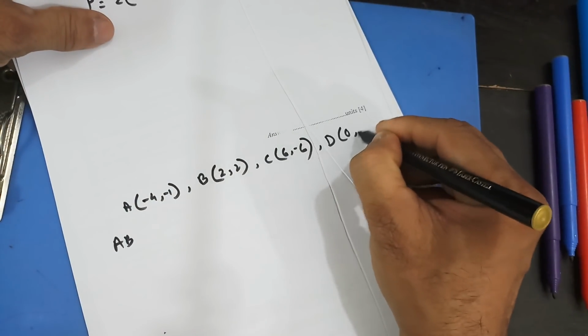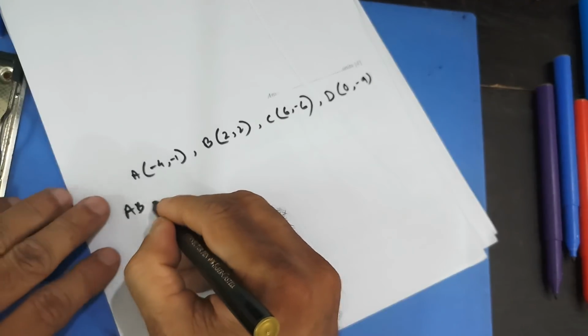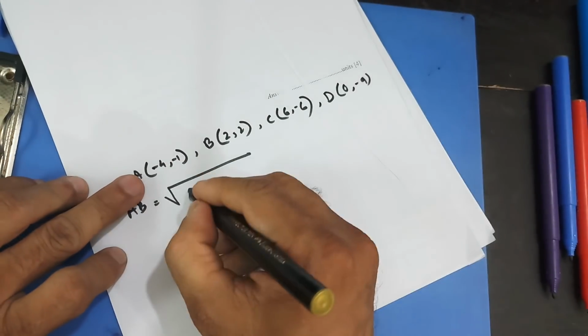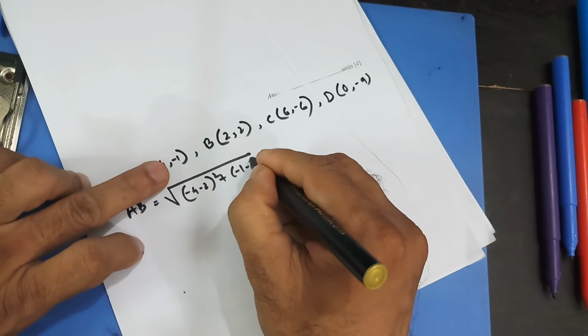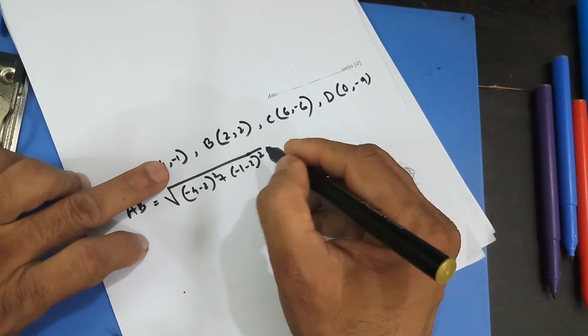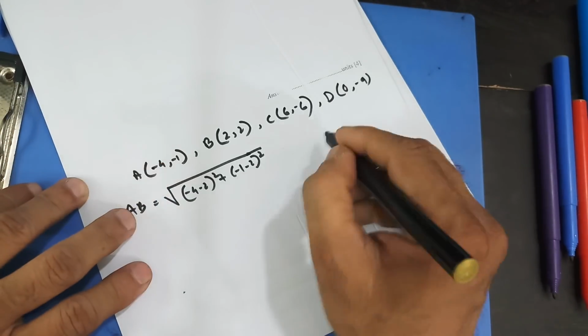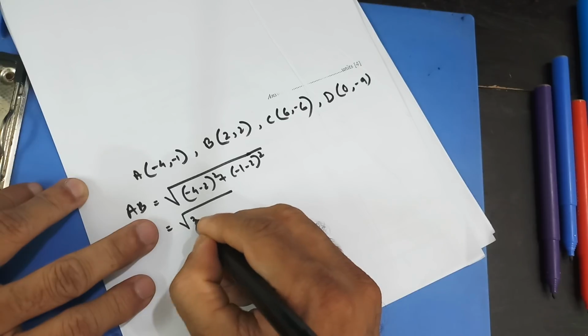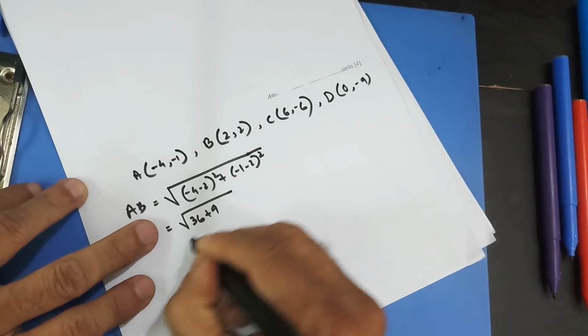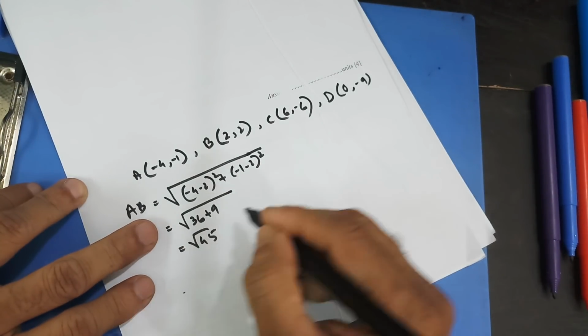Coordinates of D are (0, -9). So distance AB should be square root of (-4 minus 2) whole square plus (-1 minus 2) whole square. Okay, so I got 6 square, that means 36, and 3 square, that means 9. So it's going to be square root 45.